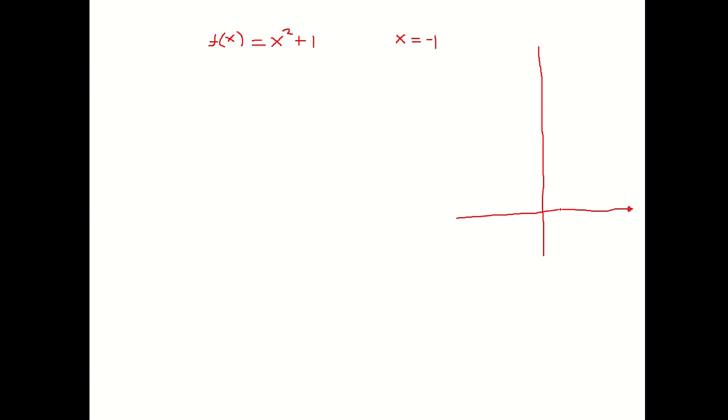Okay, this is our 1, 2, 3. So 1, 2, 3. You can even put 4, 5, and so on. On the other side, we have minus 1, minus 2, minus 3, and minus 4.